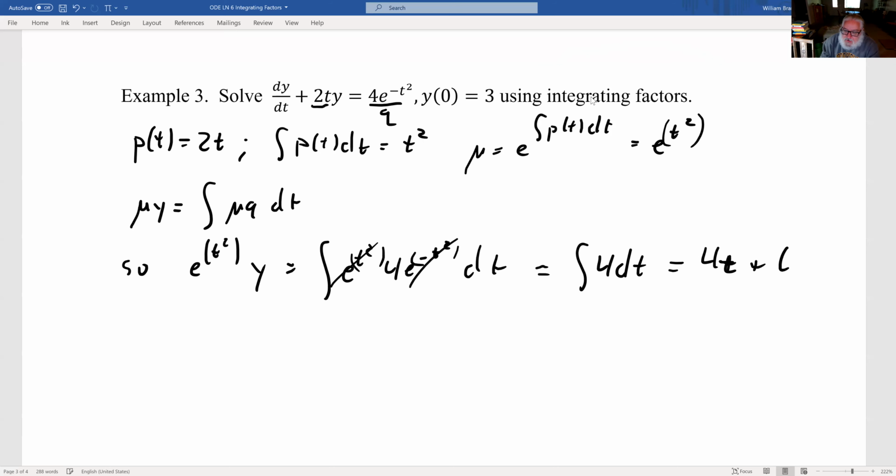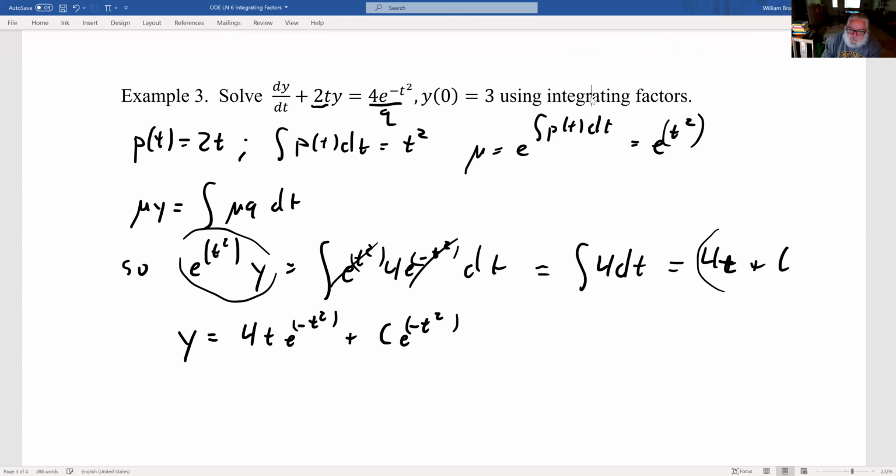T should have a little tail on it, so you can tell that it's a t and not a plus. Great, so what's y equal to? y equals 4t e to the minus t squared plus c e to the minus t squared. If I have this equal to that, I just multiply both sides by e to the minus t squared to isolate the y.